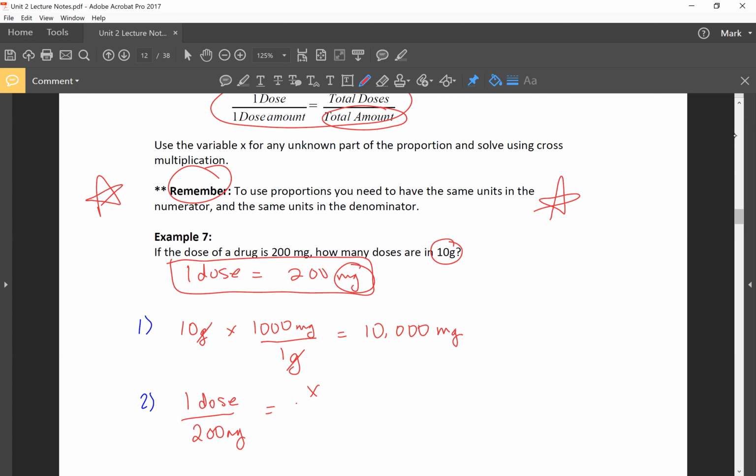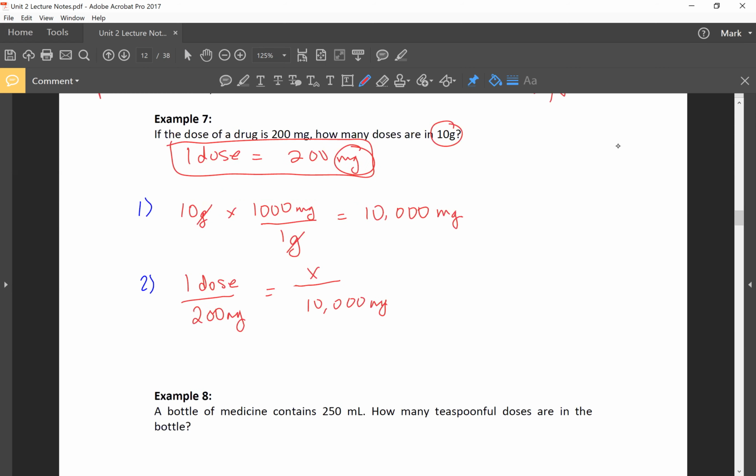I want to find out how many doses are in 10,000 milligrams. And that's it. I solve for X. So you can cross multiply here. I would get 200X equals 10,000. X is 10,000 over 200. And finally, there's our answer, 50 doses.